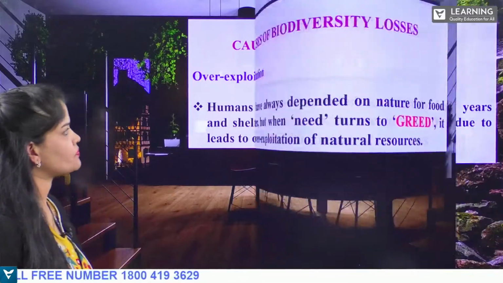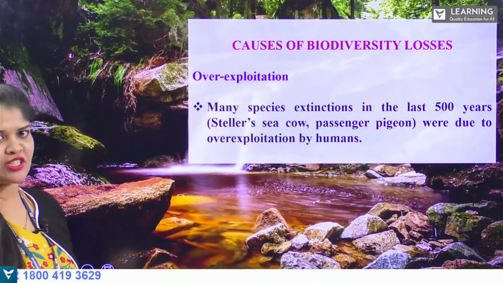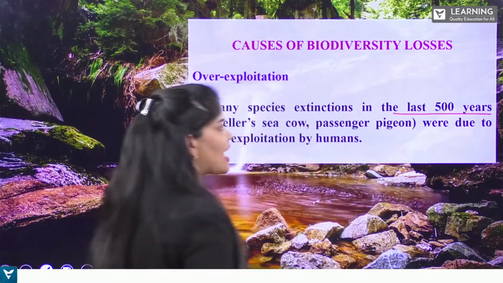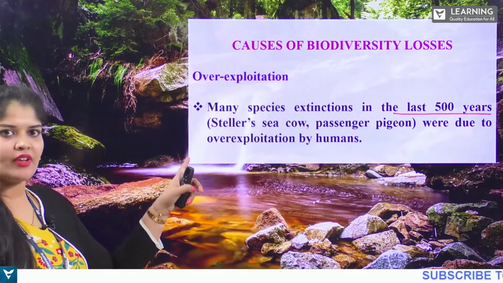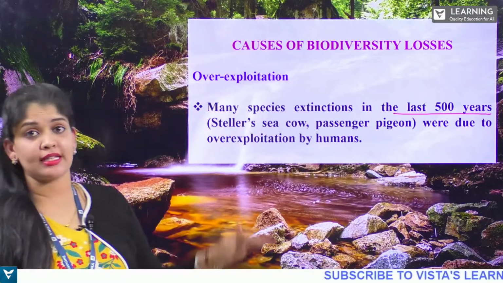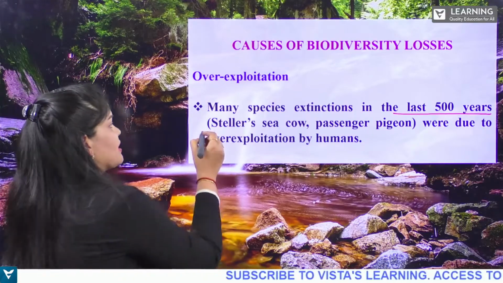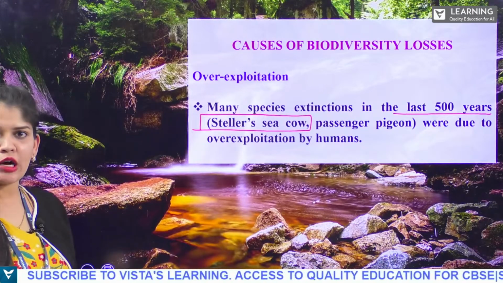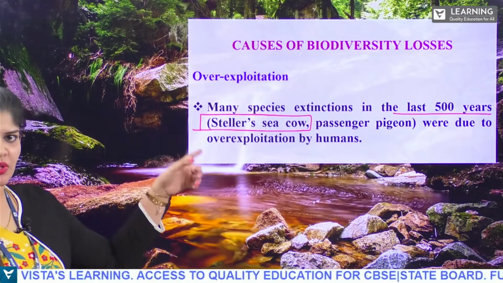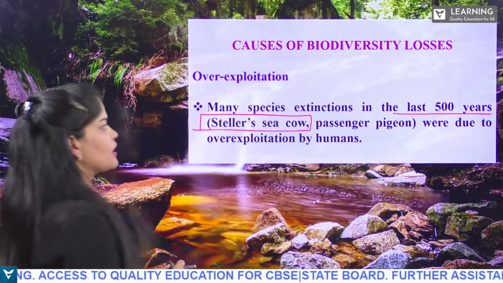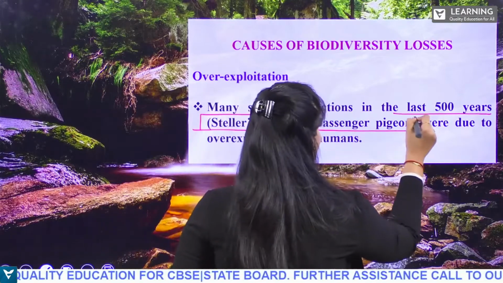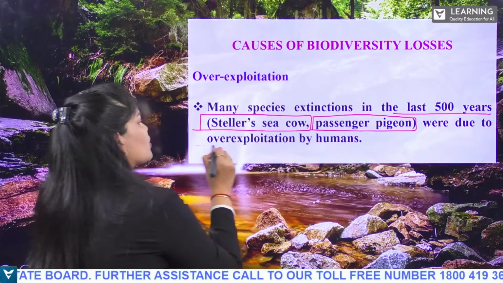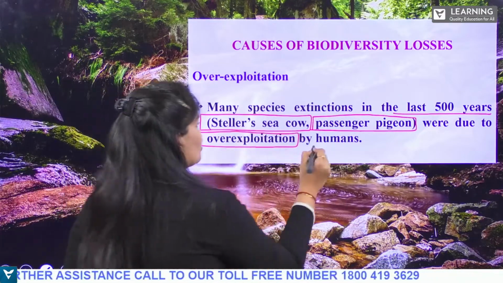Right? Many species extinctions happened in the last 500 years, where we have come across a list like the dodo. The same thing, Steller's sea cow that went extinct in Russia, and the passenger pigeon in North America were due to over-exploitation by humans.